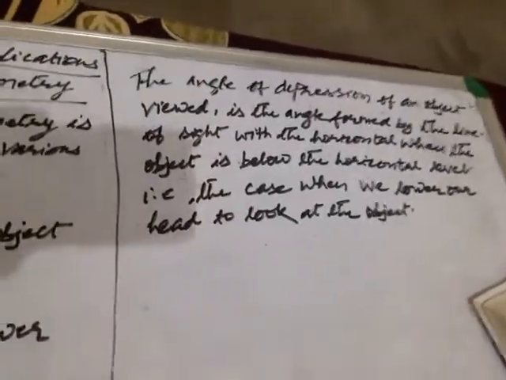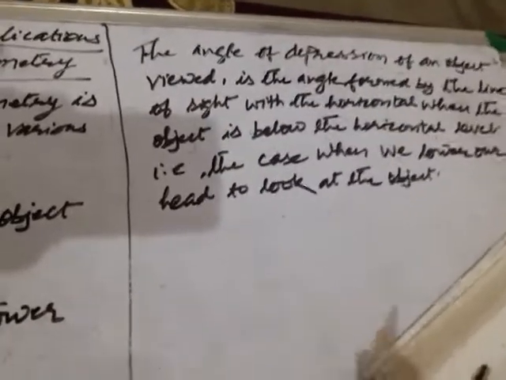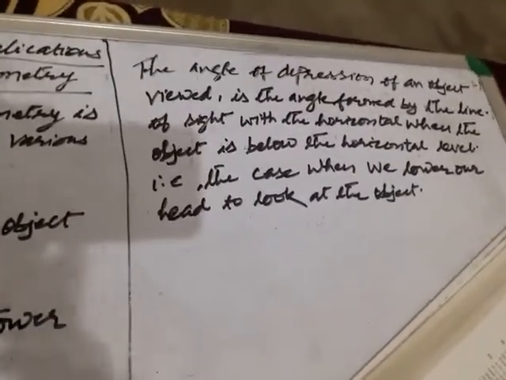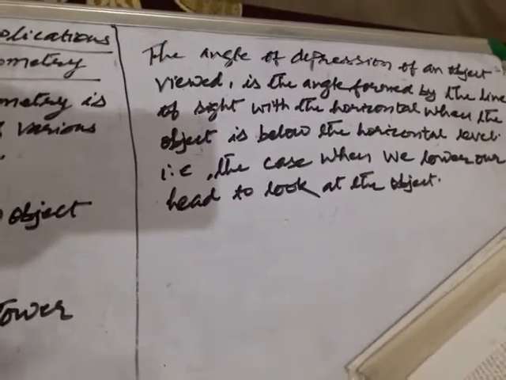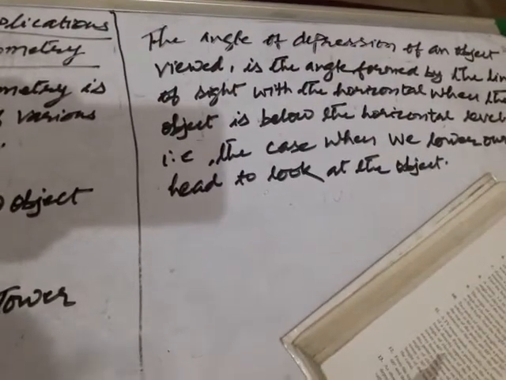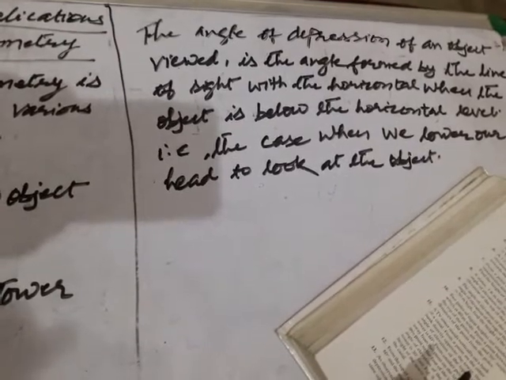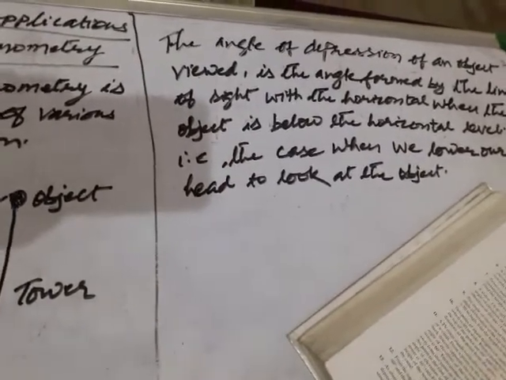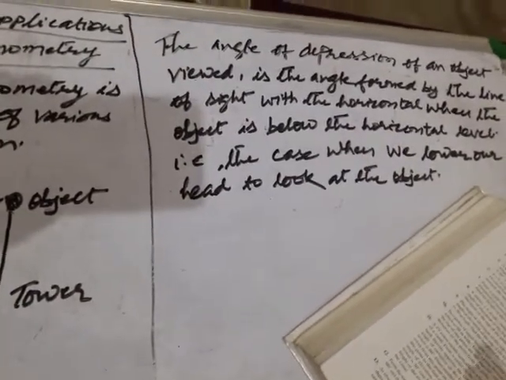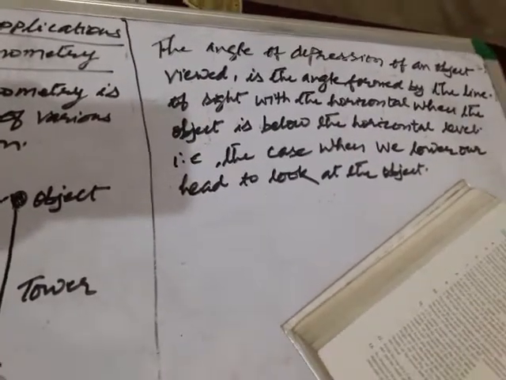Now these are two important things: angle of elevation and angle of depression. The line of sight is the line drawn from the eye of an observer to the point on the object viewed by the observer. Line of sight means a ray that emerges from the eye of the observer to reach the object.